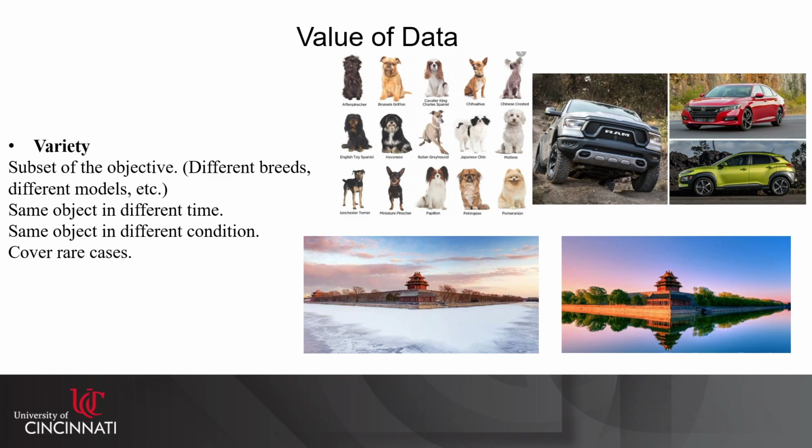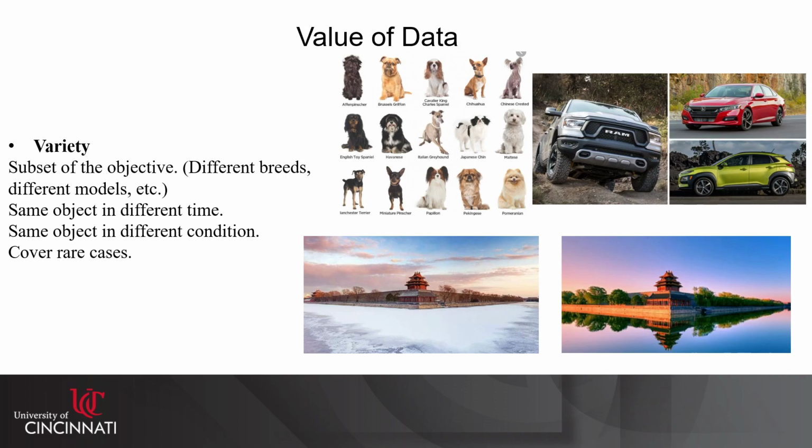And another example in our roof detection project: to cover the variety of training data, I think it's a good idea to include roof pictures at different times of day, in different weather, and in different seasons, because the environment is different.